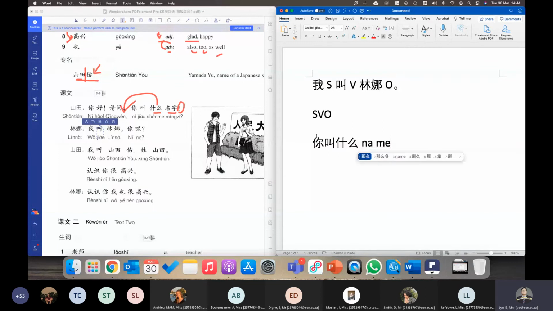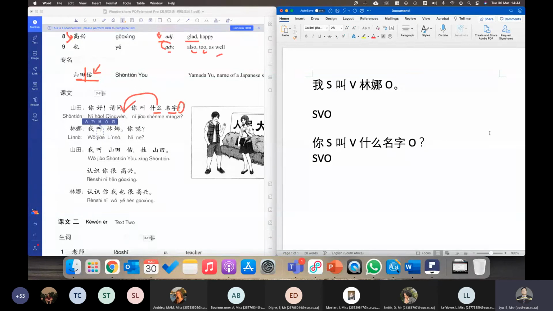Another part is the actual thing I want to ask, 名字. So we have a subject, we have a verb, and we have a question phrase working as the object, with a question mark. So this question is the same as the statement in the SVO structure. Right? This is what I wanted to say.